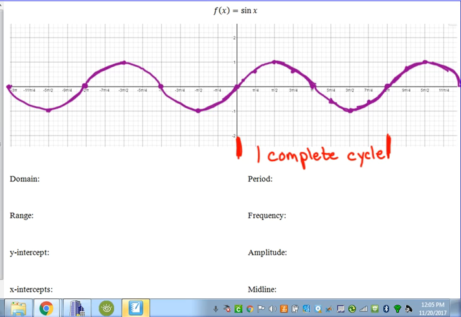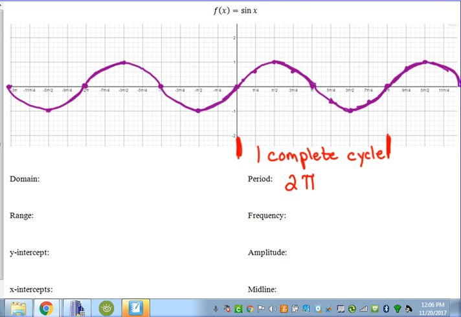The standard period here would be 2 pi. We started at 0, 0, we hit our maximum, we hit our minimum, and we end up back where we started. That's what we consider one complete cycle between 0 and 2 pi. So that would be our period.